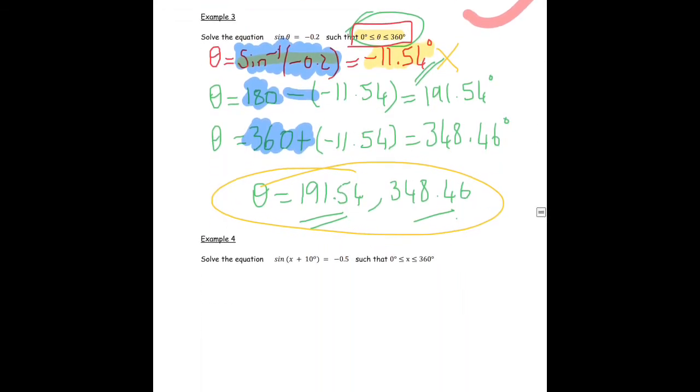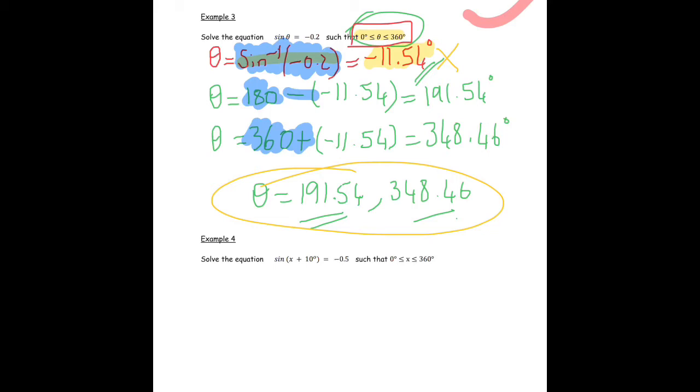Similarly, in example 3, sine of theta is minus 0.2. When you do sine to the minus 1 of negative 0.2, you get minus 11.54. That is outside of our range because in this example we are looking at angles from 0 degrees to 360 degrees, but we still need to use it to find the alternative angles.